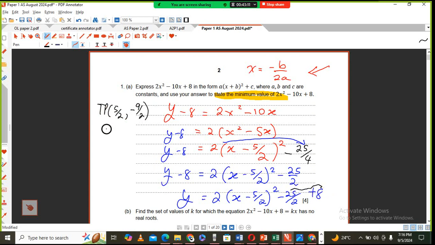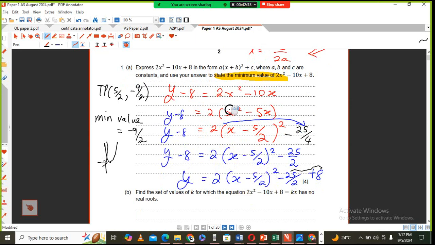But the minimum value of the graph, because remember the graph is going to be something like that, the y value, that's what we are looking for, is nothing but negative 9 over 2. So you had to actually give that answer, not just leave it, because it's clearly saying express that in that form where a, b, c are constants, and then use your answer to state the minimum value. You simply wrote a turning point, you are not giving the minimum value that is being required. And because of that, you are losing 1 mark.